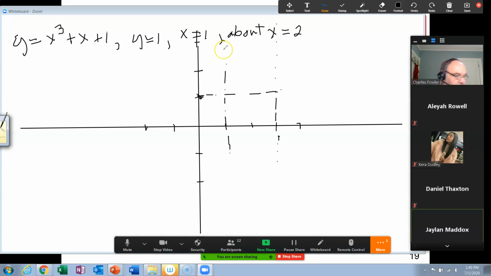Okay. So let me see if I find the volume of the solid formed by revolving the region bounded by the graphs of y is equal to x cubed, that one, y is equal to 1, x equal 1.